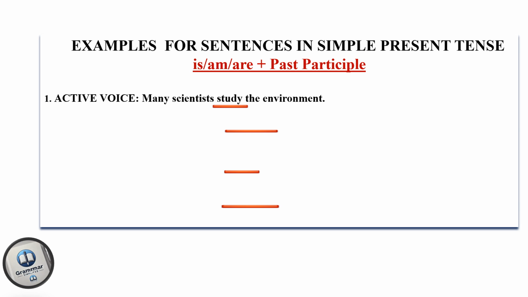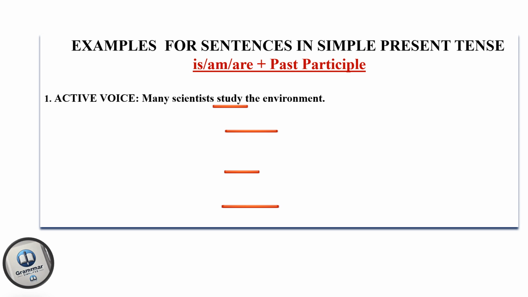Now, examples for sentences in simple present tense. The formula is to use is, am, are according to the plural or singular noun, then use the past participle form. This is the basic rule. So now if you see the sentence, many scientists study the environment.